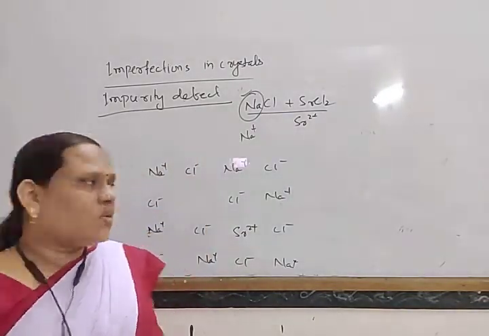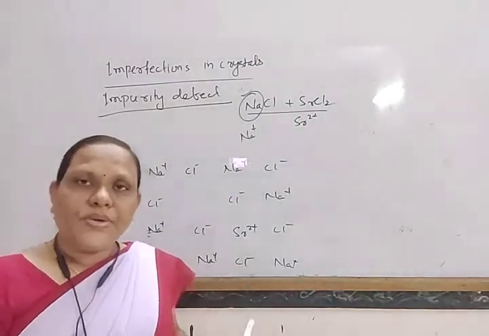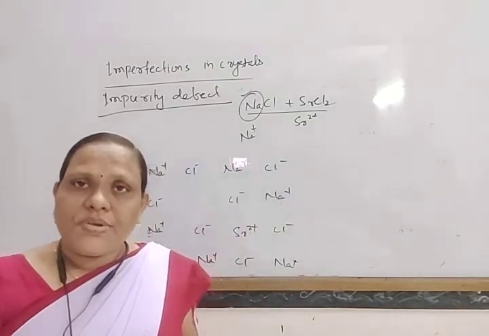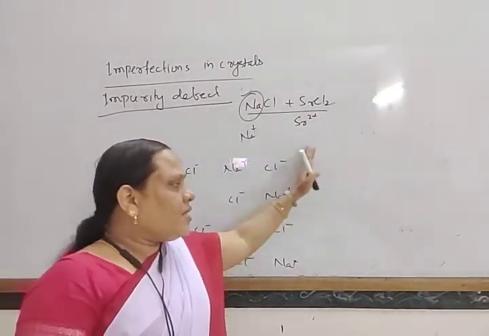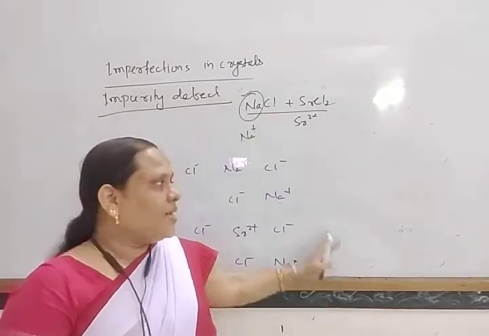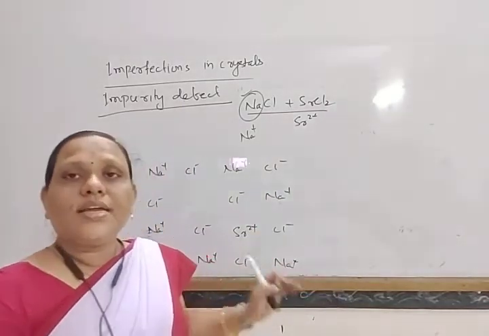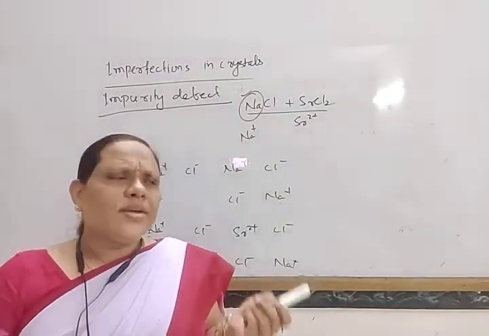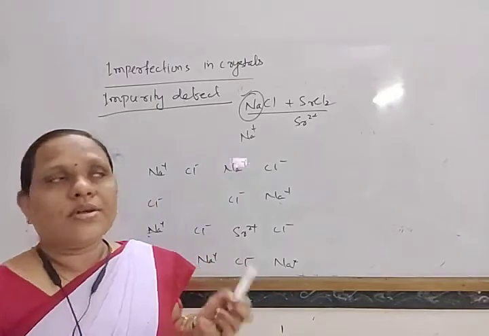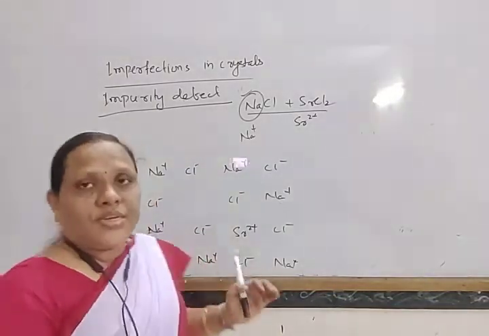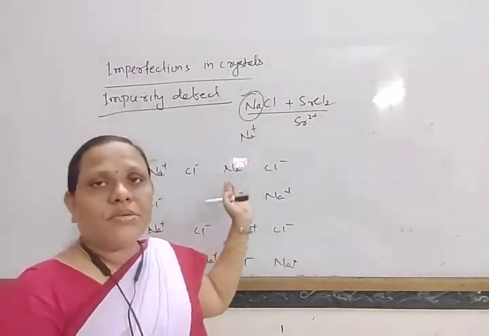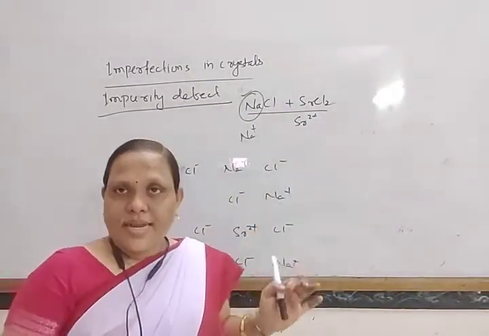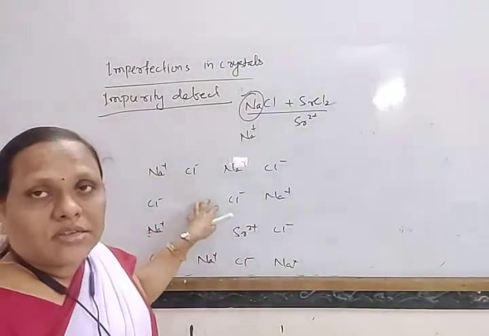Due to impurity defect also a hole is created. Electrically these are neutral, but their electrical conductivity increases. In the solid state they can conduct a very small amount. Due to the presence of impurities, this can conduct electricity as there is presence of some hole.